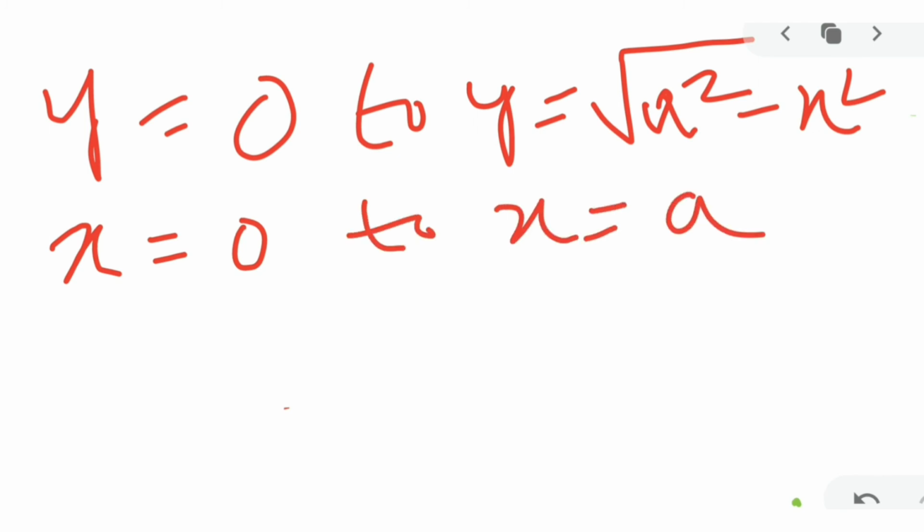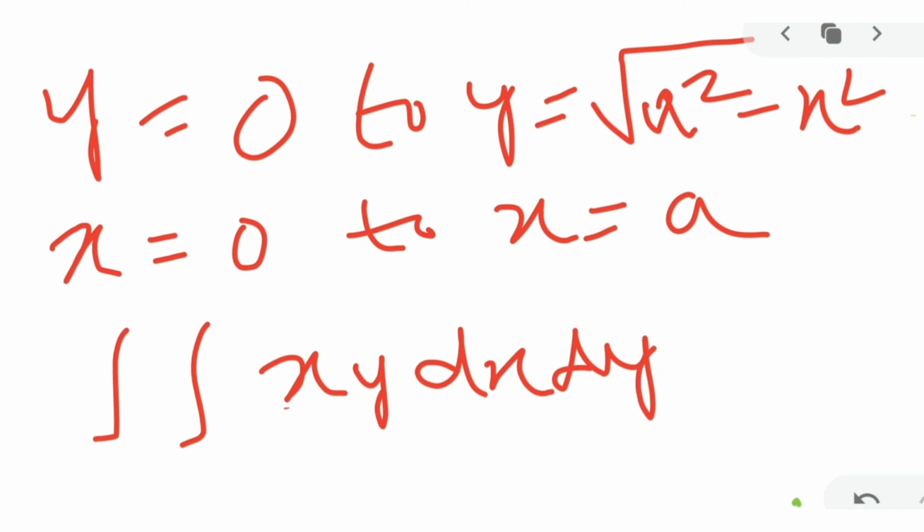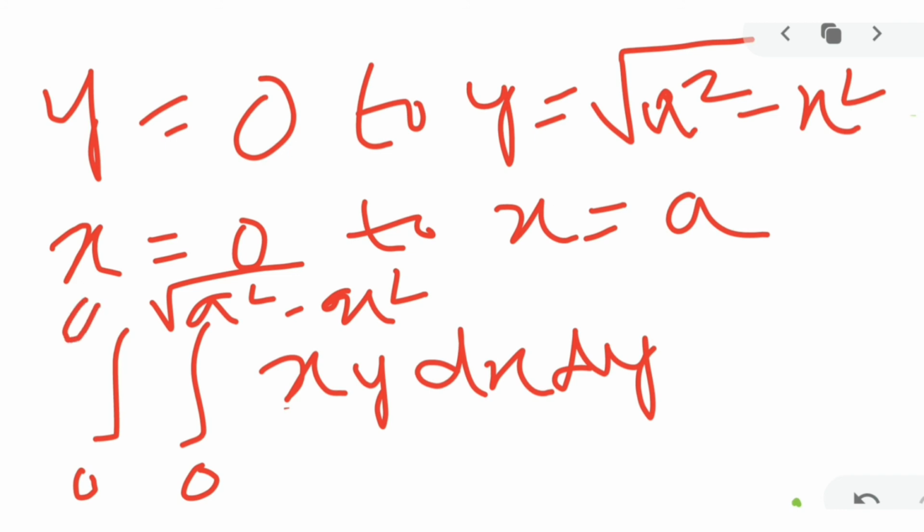So now we will be putting the limits in the double integration xy dx dy. So first the limits of the strip 0 to root over a square minus x square, and then the limits of x 0 to a.